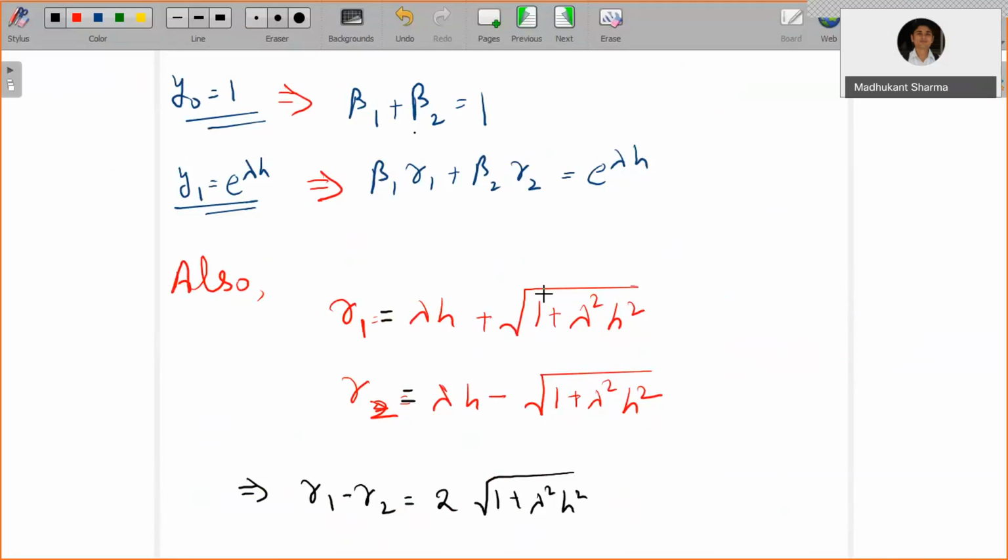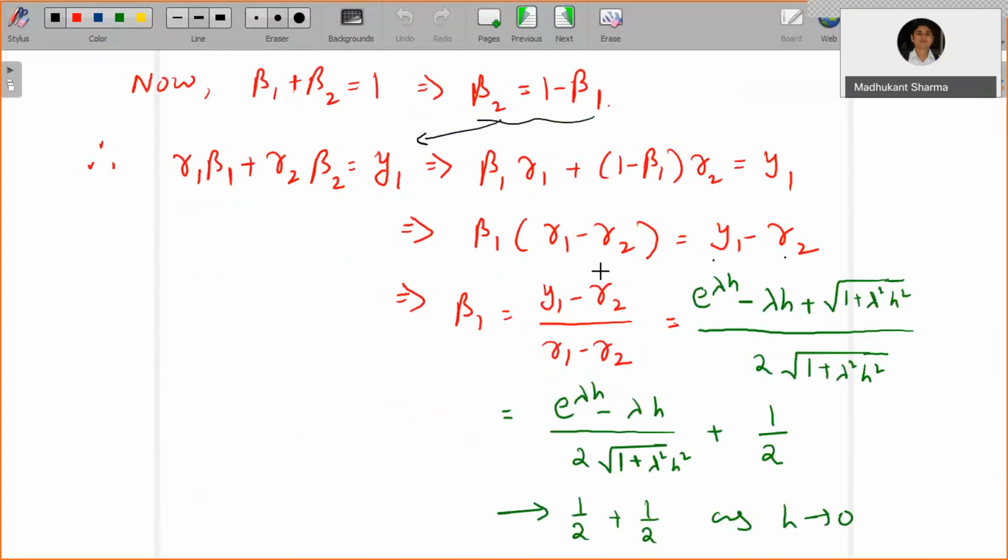It is lambda h plus the square root of 1 plus lambda square h square, and the r2 value is lambda h minus the square root of 1 plus lambda square h square. So we replace r2 by its value. Now what will happen? You can use this now: y1 is e to the power lambda h minus the r2 value, divided by r1 minus r2.